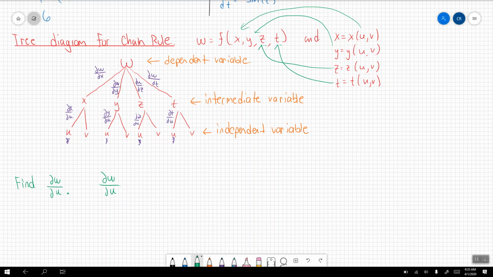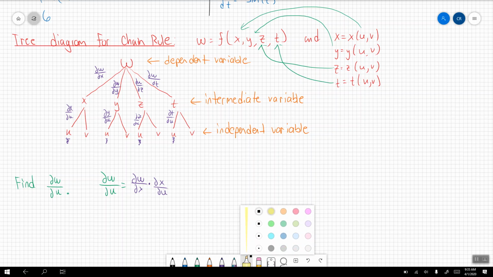Now that we have all of these partial derivatives, we're just going to go through and write them up. So the total differential for w with respect to u turns out to be, follow the first branch, the partial of w with respect to x multiplied by the partial of x with respect to u.